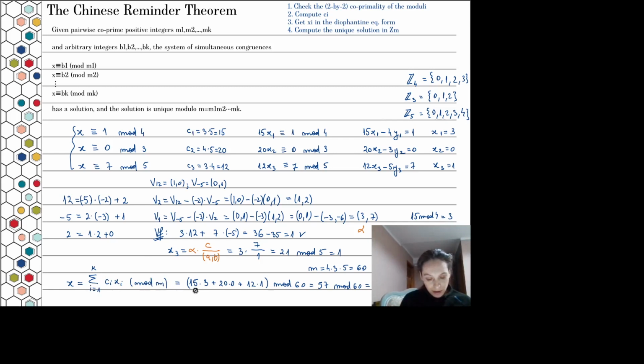So in our case we have c1 times x1 plus c2 times x2 plus c3 times x3. The result will be reduced modulo 60. And then we can check this. I already checked it and it is okay. So this is the way to apply the Chinese remainder theorem.